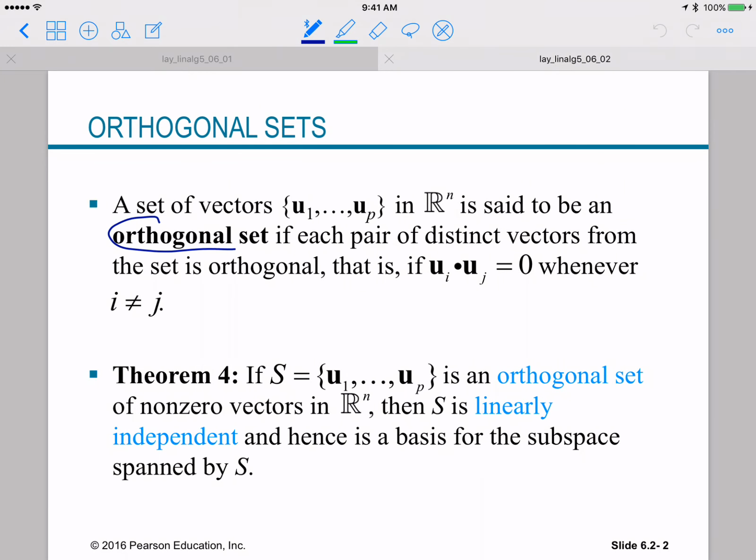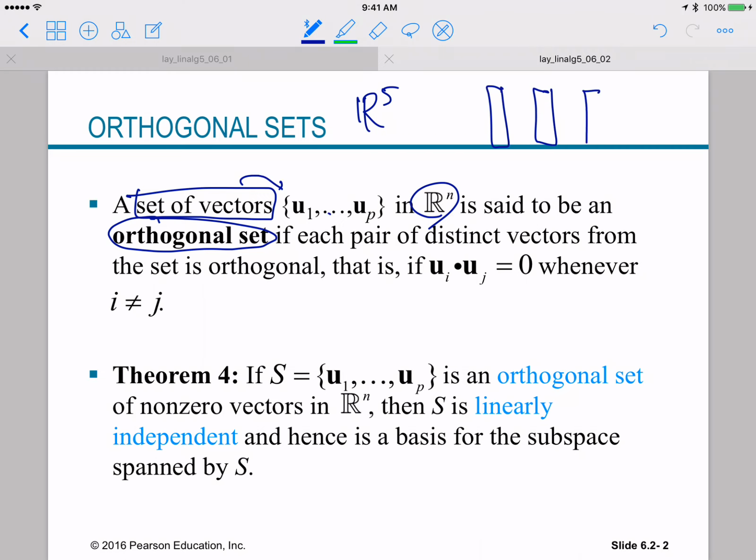An orthogonal set is basically a vector set. It's a set of vectors in a particular universe. So if you consider R5, and you obtain 3 vectors from this R5, let's call them U1, U2, and U3.